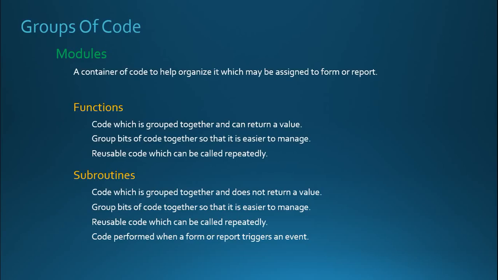A good example of that would be a close button on a form. You've got a button on the bottom of the form, you want the user to be able to click on that, and when they do, it closes down the form. The way you handle that is that there's an event triggered when the user clicks on the button.